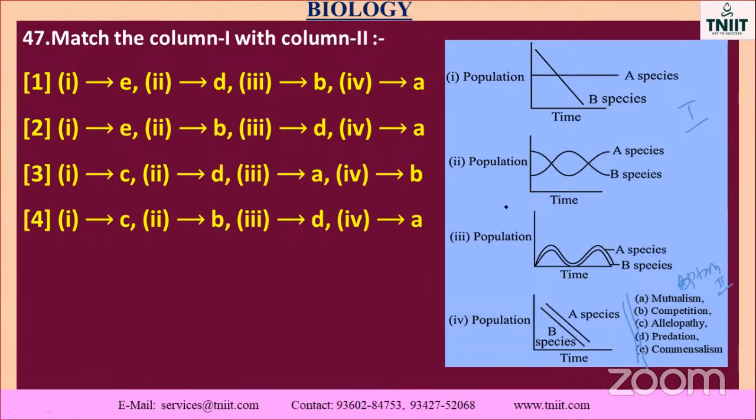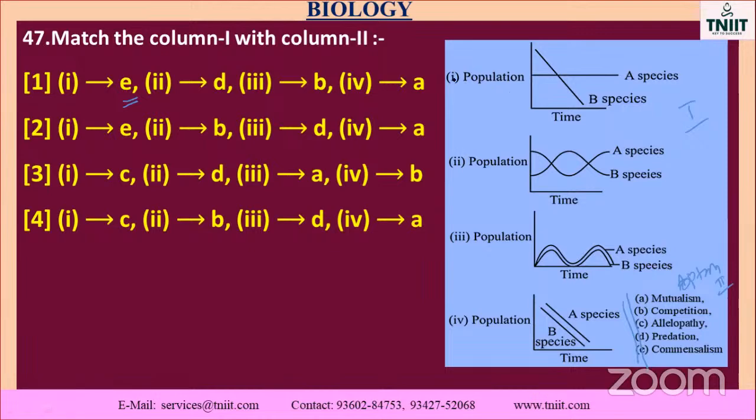See the first, population. All of this side is population against time. Populations also against the time periods. How will it be there? See here, gradually one is standard, another one decreased. A and B species, A and B, like that, isn't it? See here, for the first one, C has been given.